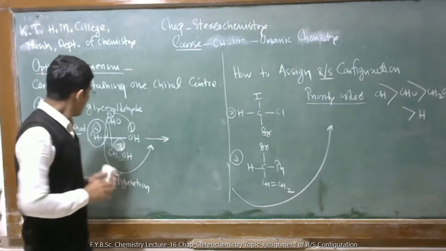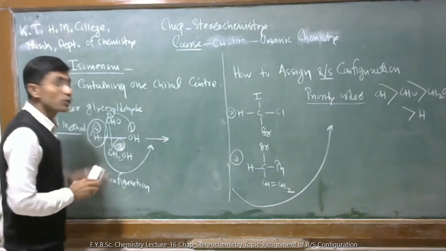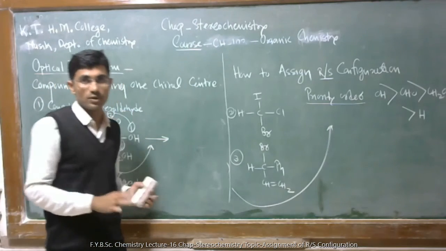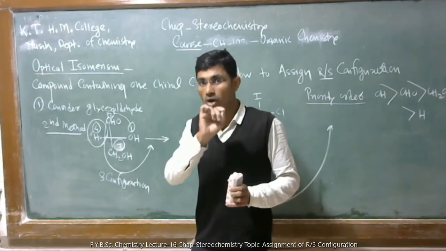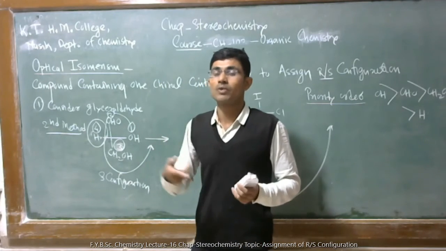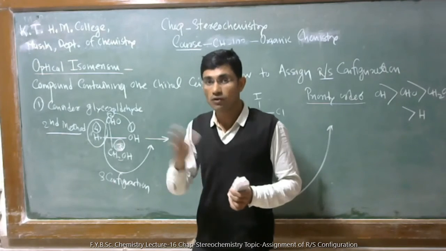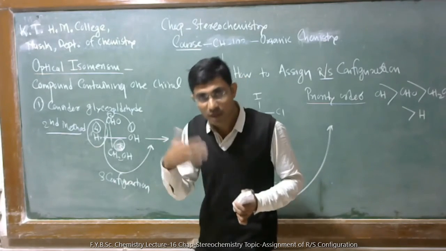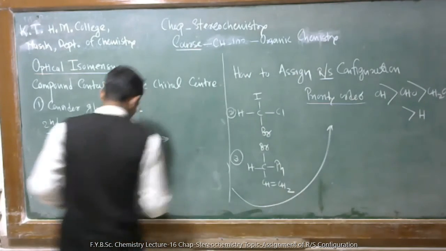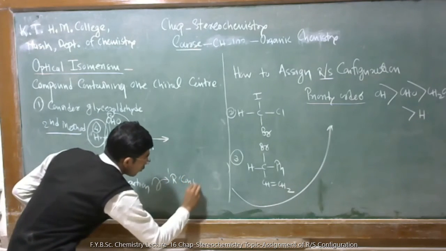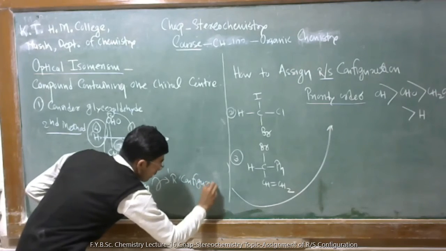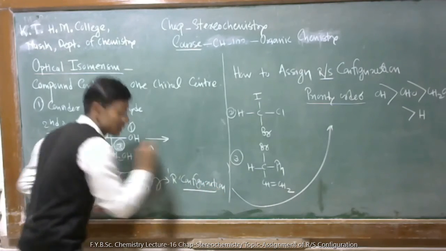But when the lowest priority group is on the horizontal line, at that time we have to invert this configuration. So the S configuration becomes the R configuration. So by both methods we get the same answer, that is the R configuration.